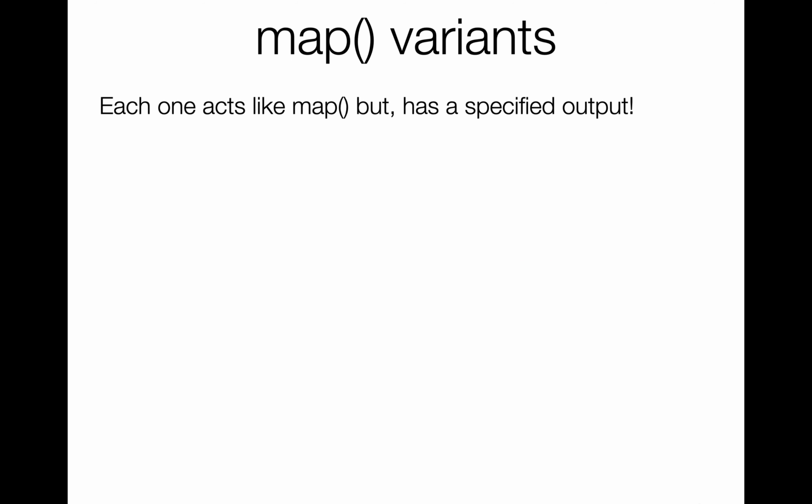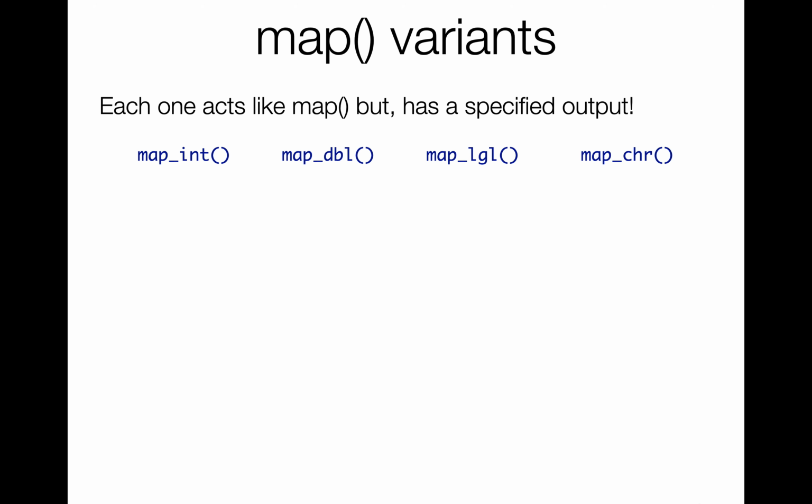And then other common ones that you'll see are the other general variants of map. Each one is going to act like map, but has a specified output format. These are nice because they only work for certain types of things. So what are they?